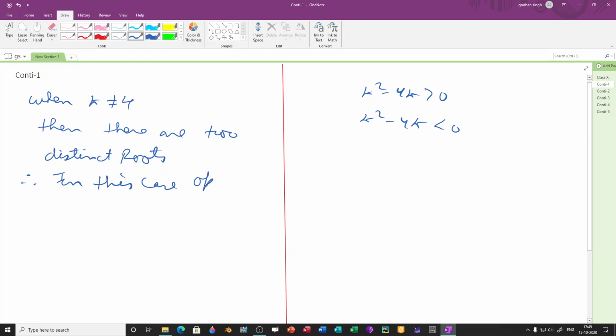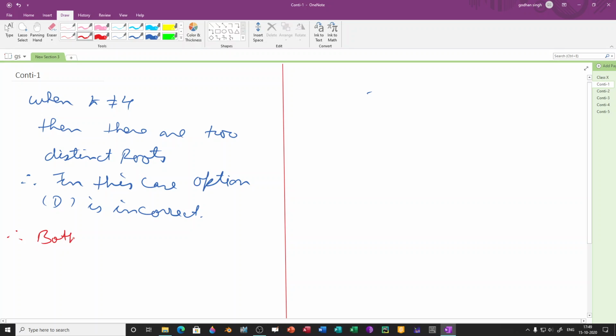Therefore we can say that both option C and option D are incorrect.